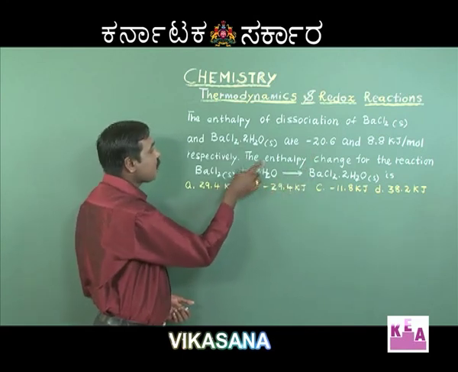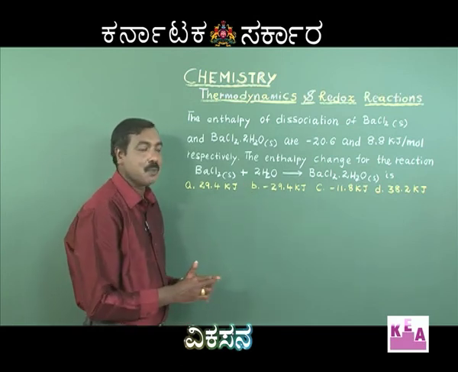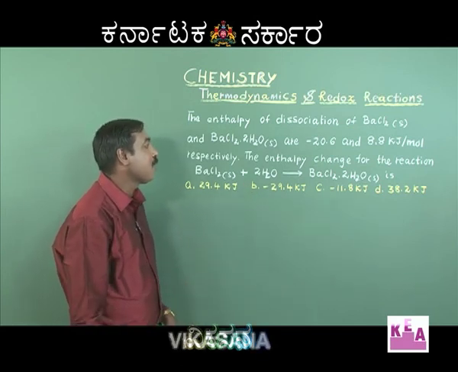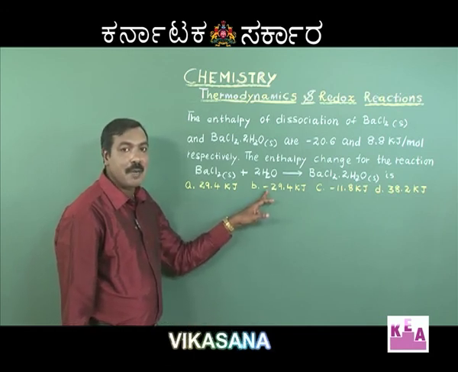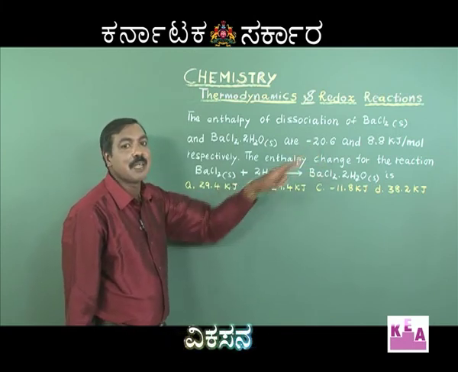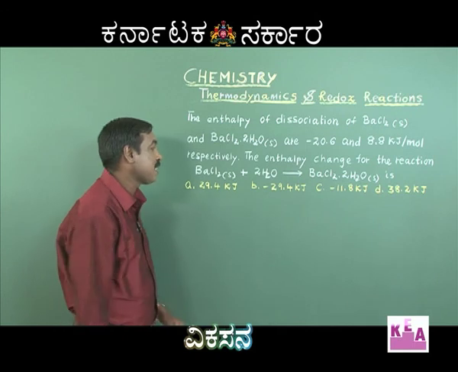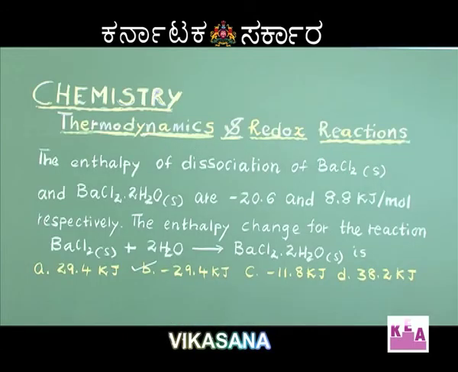So minus 20.6 and minus 8.8 would definitely give me a negative value. It is minus 29.4, by adding both minus 20.6 and minus 8.8. Therefore, the correct answer is option B, minus 29.4 kilojoule per mole.